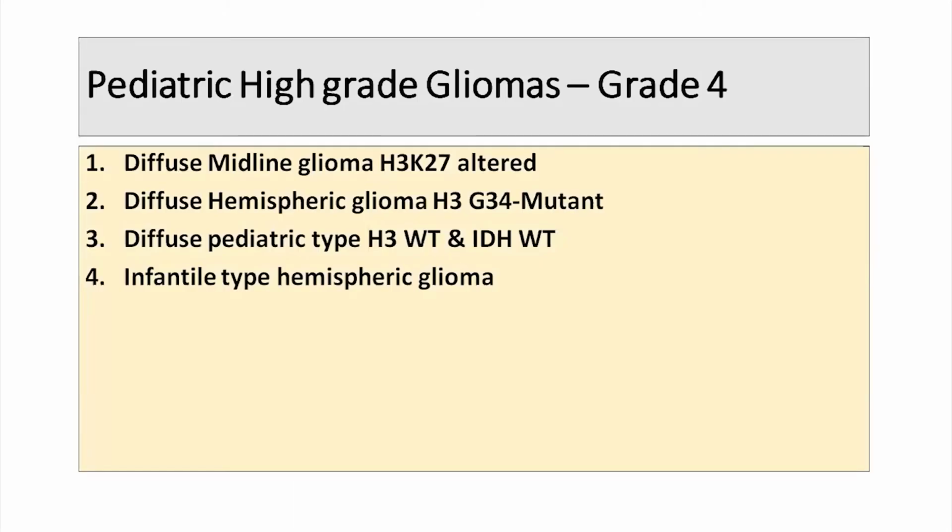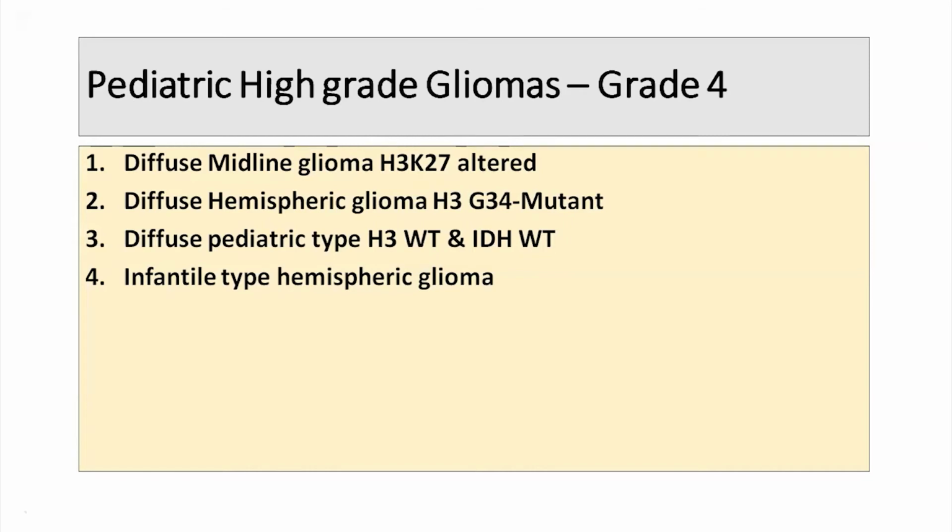So coming to the pediatric high-grade glioma group. These are grade 4 tumors. The most common ones are diffuse midline glioma, H3K27 altered. Earlier it was called H3K27 mutant, but now it is called altered because there are several ways by which mutations in the genes encoding histones can happen.